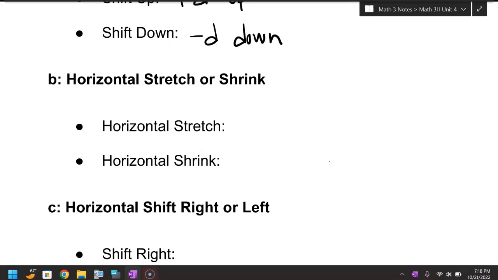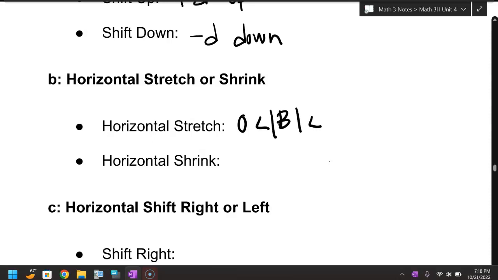So a horizontal stretch is when b is between 0 and 1. I'm going to do it a capital B because my b's look like 6's. A horizontal shrink is when b is greater than 1, and it's the absolute value.